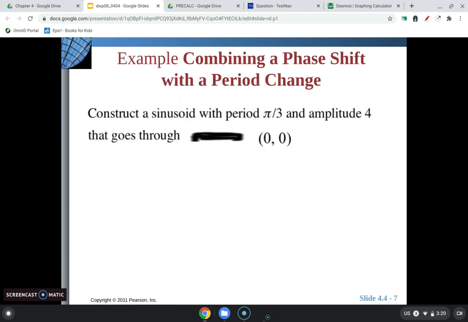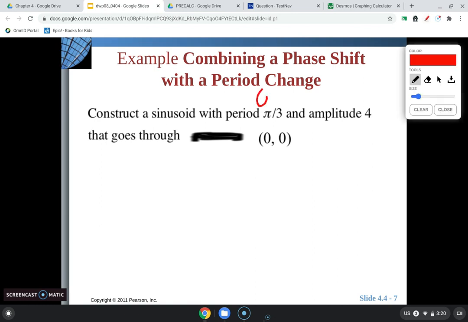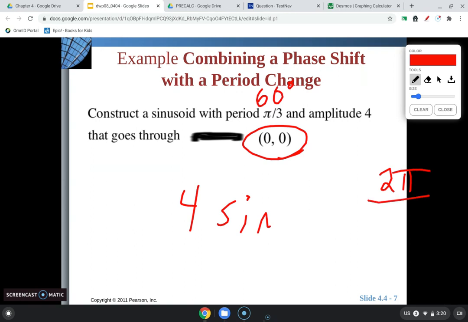Okay, so construct a sinusoid with a period of pi over 3. If it helps, convert that to degrees, so that's 60 degrees, and an amplitude of 4 that goes through 0, 0. So that means it's going to start at 0, 0, so it's the sine curve. So 4 is the amplitude, sine. Then to find our b value, we take 2 pi divided by pi over 3.